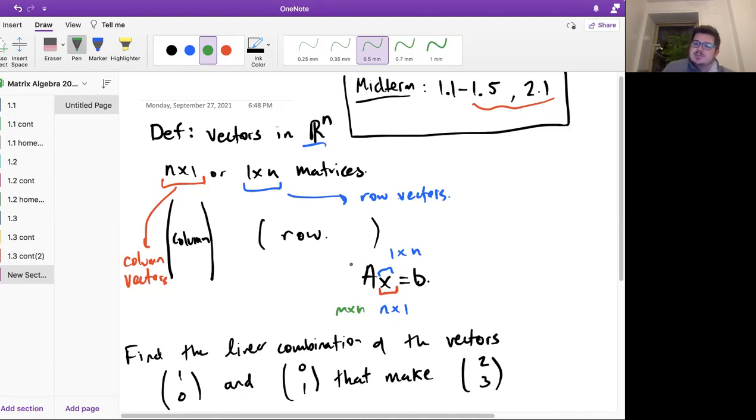What would the dimension need to be of A to be able to multiply? Yeah, it would need to be a column. So the only way you can multiply a row vector is by a column vector, because of the dimensions.